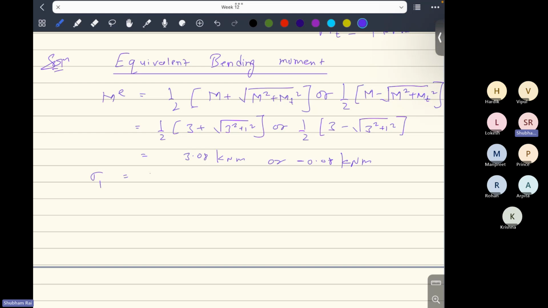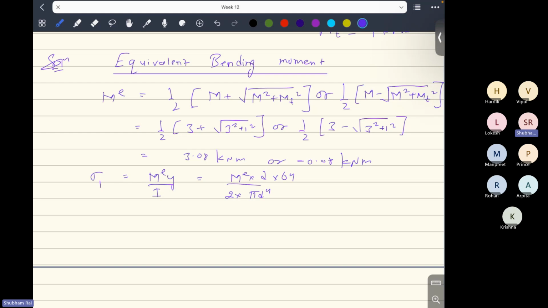The principal stress from this equivalent bending moment will be M into y by I. So y will be equal to d by 2 because that is the maximum distance, and I will be how much? We can say that it is pi d4 by 64.